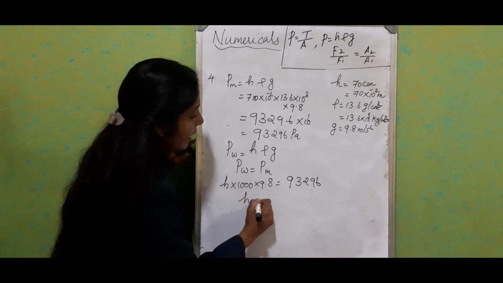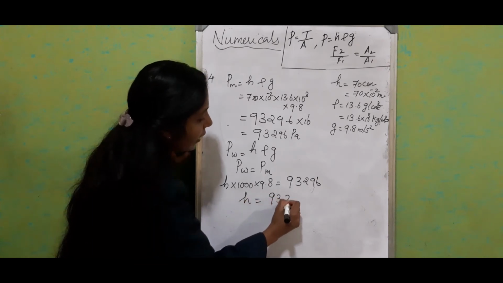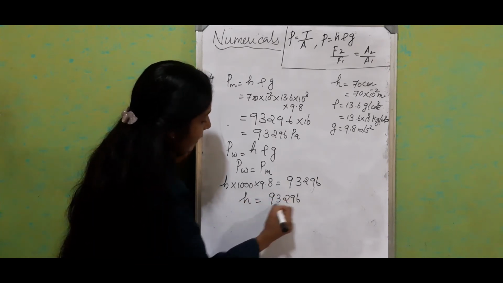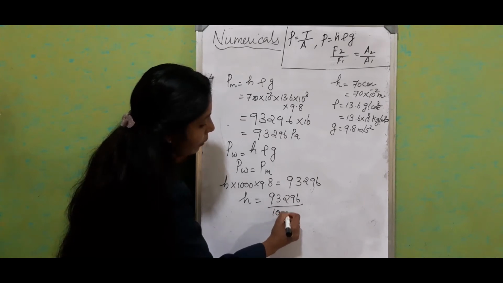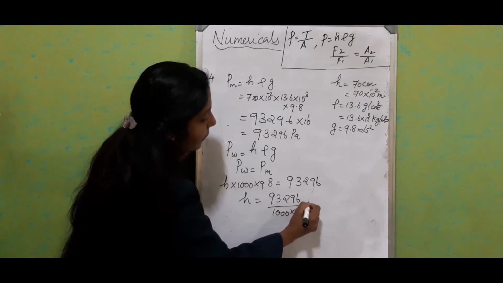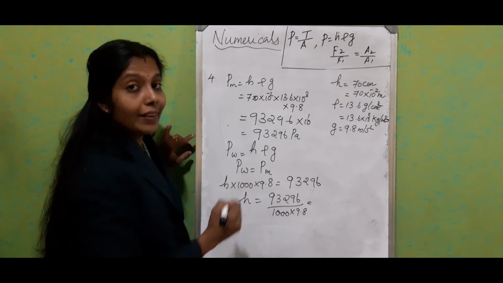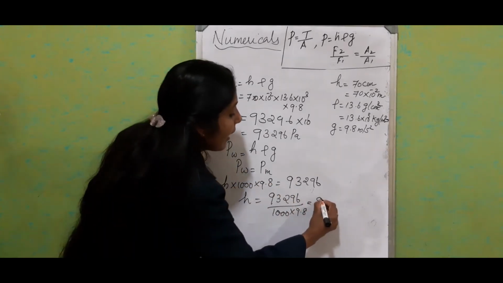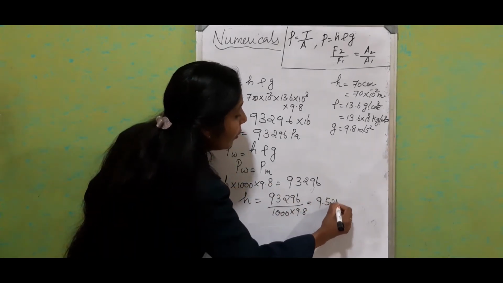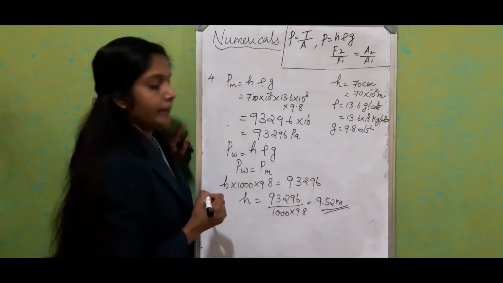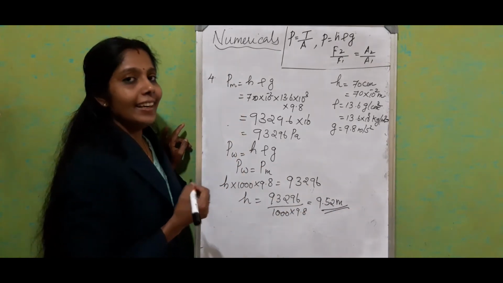Or H is equal to 93296 divided by 1000 into 9.8. When we solve it, we will get the value as 9.52 meter. Let's see the fifth question.